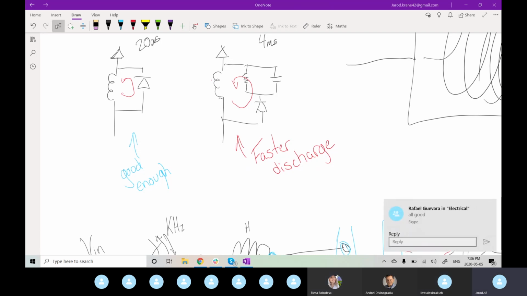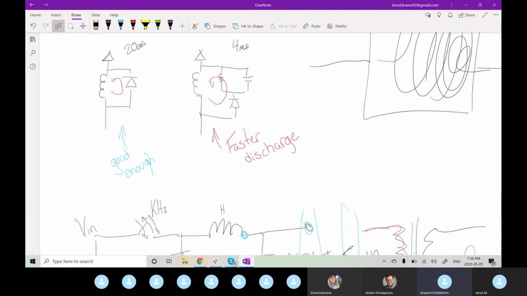Brent, have you seen snubbers before, or have you at least seen the flyback diode? I've seen them. I've never actually heard that name before. I'd never heard the name snubber before. I didn't realize that's what they were referred to.